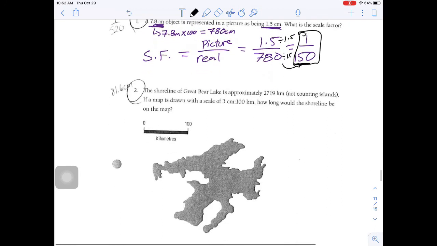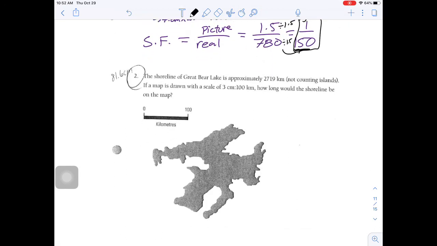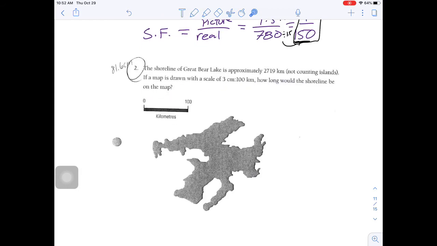So let's go on to number 2. The shoreline of Great Bear Lake is approximately 2,719 kilometers, not counting islands. If a map is drawn with a scale of 3 centimeters per 100 kilometers, how long will the shoreline be on the map? Okay, so it's really important to understand this is not unitless.